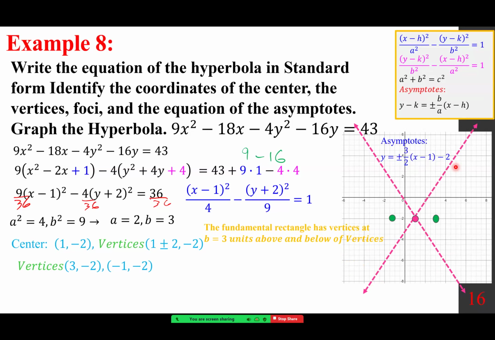And the fundamental rectangle has vertices at b equals 3 units above and below the vertices. Those are the four corners, the 4 points. Wherever the vertices are, you go up and down by b units.